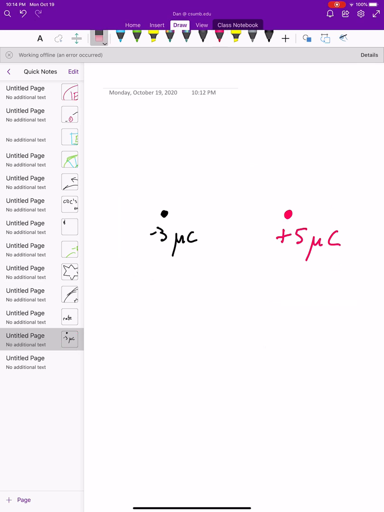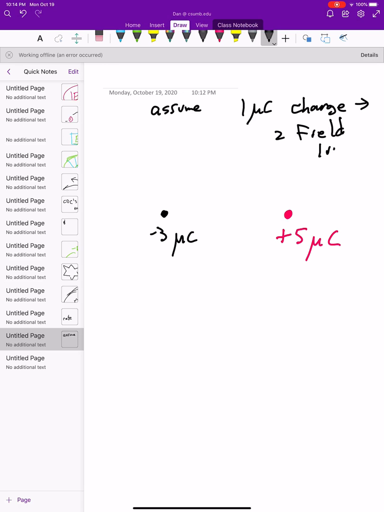So what I need to do is define how many field lines are associated with each microcoulomb of charge. So I'm going to just say, assume 1 microcoulomb of charge corresponds to 2 field lines. It could be whatever I want it to be.